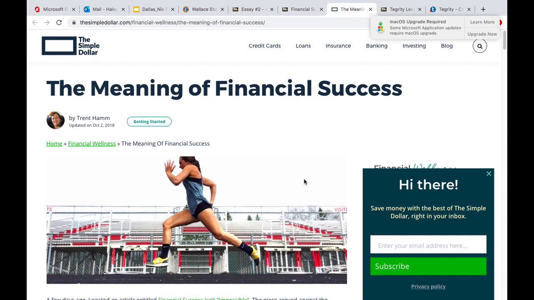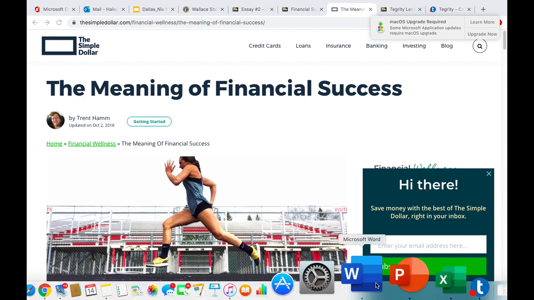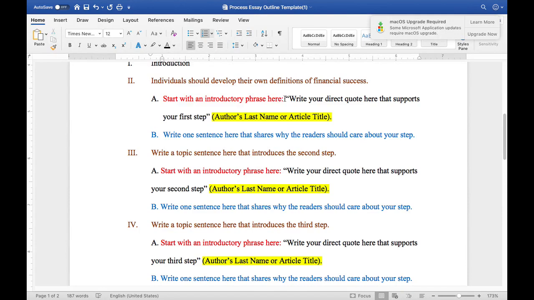I'm going to go to my outline and put my introductory phrase, and then here in the in-text, I'm going to put the last name of the author.